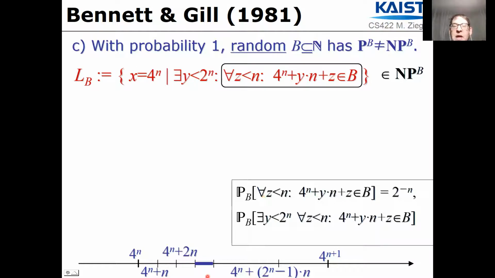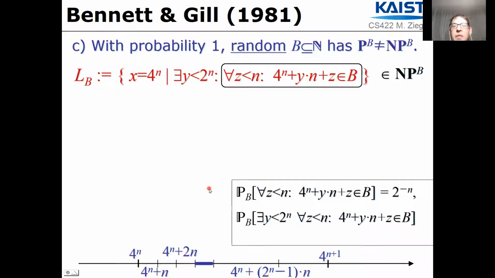This must belong to B, and independence says every entry in this interval belongs to the oracle or not, independently with 50-50 probability. Therefore, for the entire interval to belong to the oracle, all these independent events must come up the same way, and thus the probabilities multiply. 50-50 n times means 2 to the minus n. So put differently, this is a very small probability.